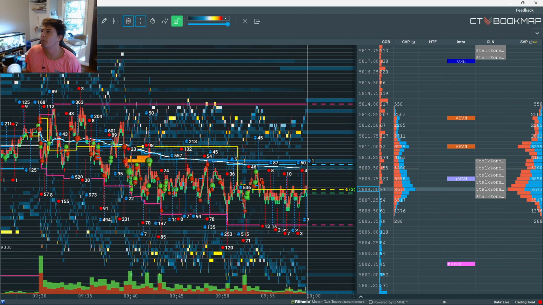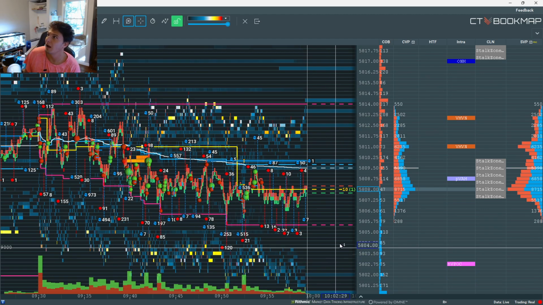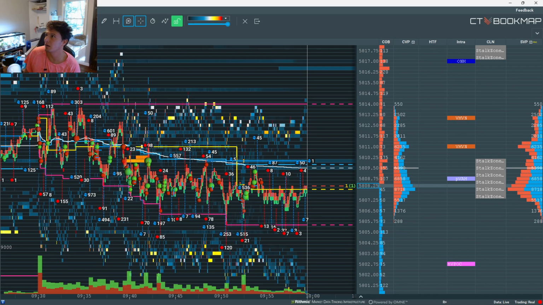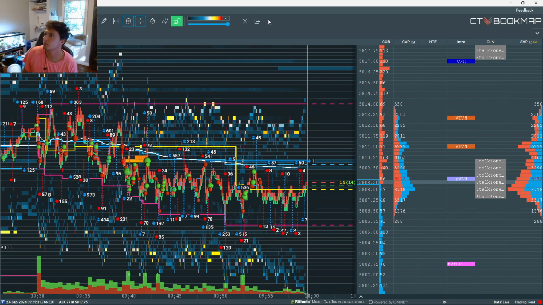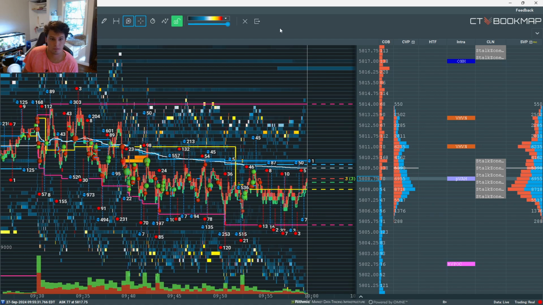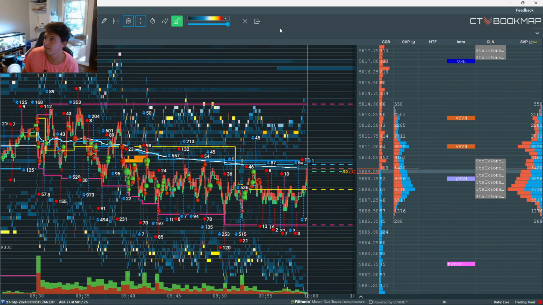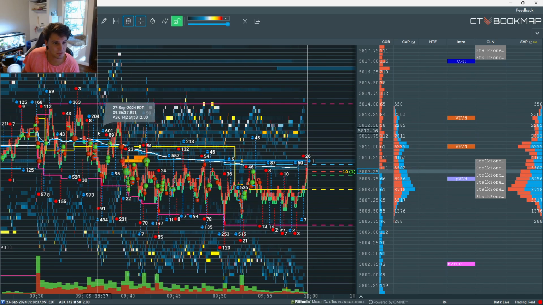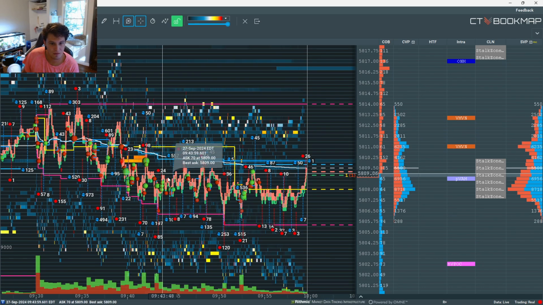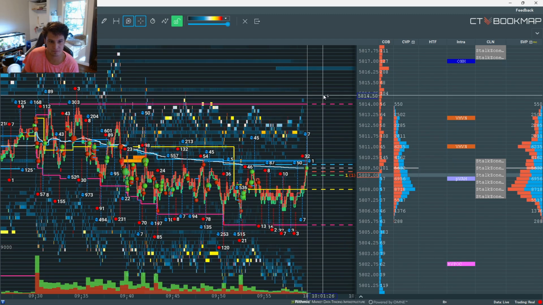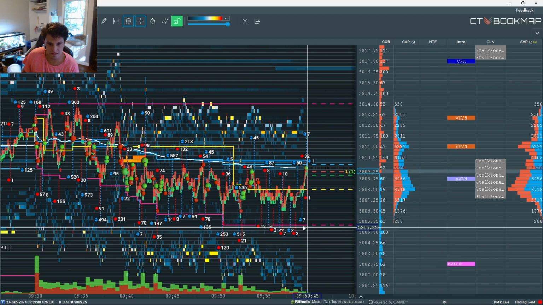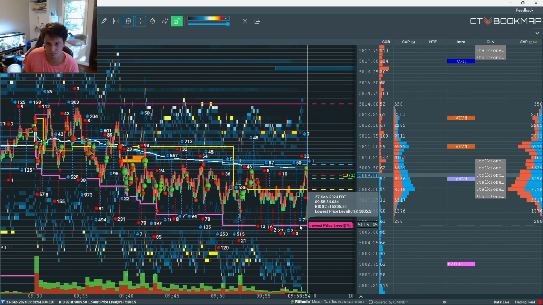And then my 2A scenario is a test down there, and then buyers respond, but eventually that 5,800 area breaks. But yeah. And especially with the action going on right now, I'm thinking that there's potential for lower. We'll see if this area breaks.